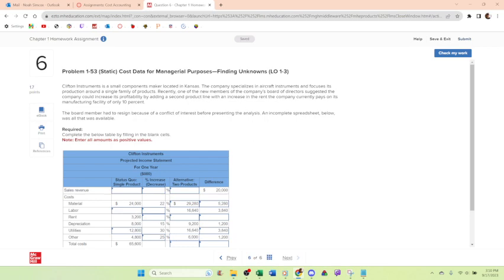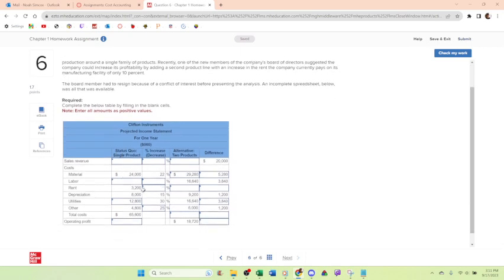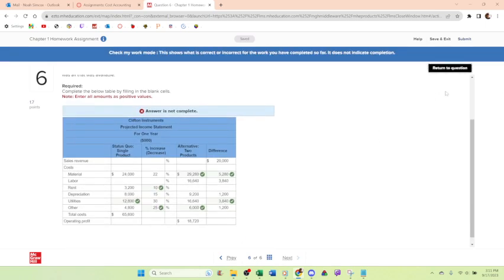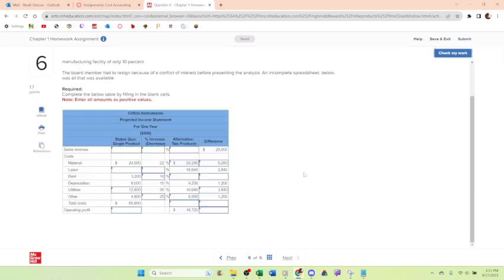Hey, look, they gave you rent in the problem. Rent will increase by 10%. They literally told you the answer for rent here. So 10%. I mean, we may as well check at this point. Everything's right so far. Rent is 10% increase.